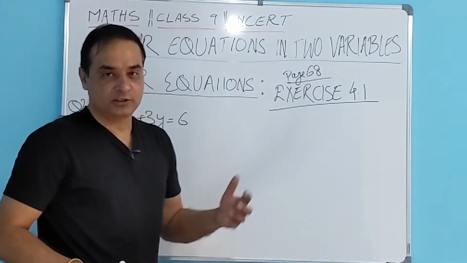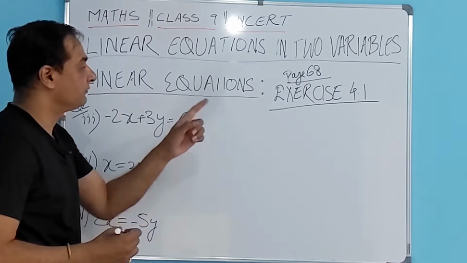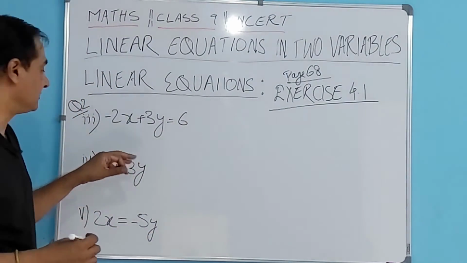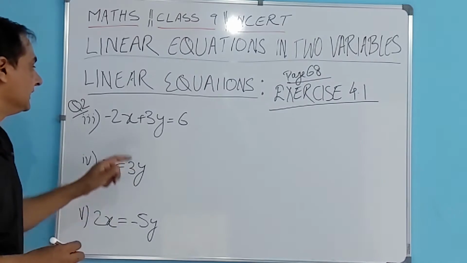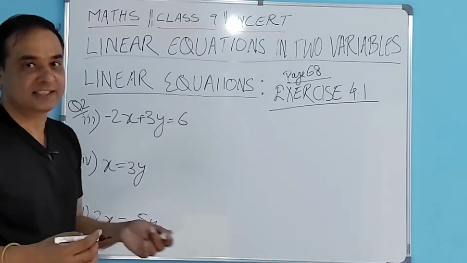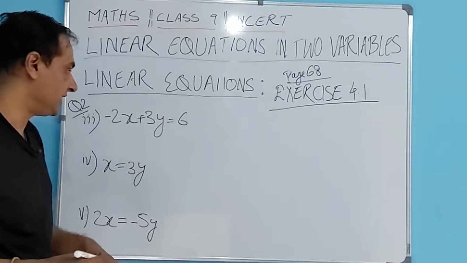So we are working on question number 2 in exercise 4.1. So let's look at the sub questions in question number 2, 3, 4 and 5. Again, we need to put that in format of ax plus by plus c equals to 0 and identify values of a, b and c.